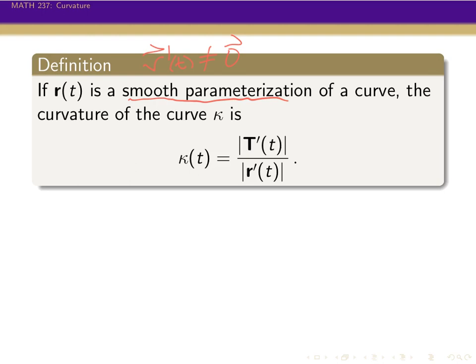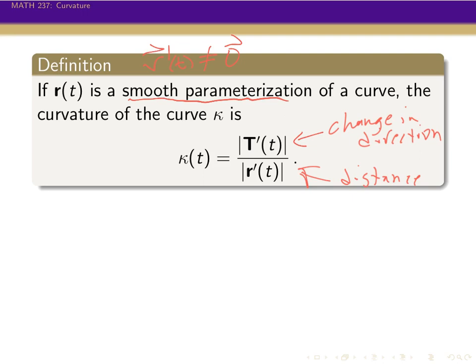T is your direction. T prime then is change in direction. So the top value is talking about change in direction, while the bottom, the magnitude of r prime, is speed, so it's talking about per distance.